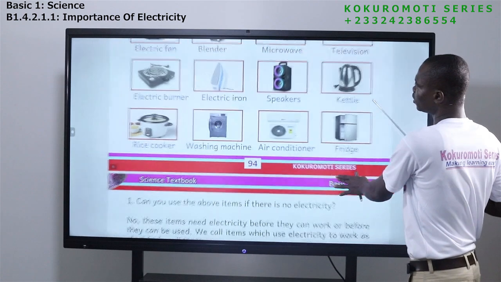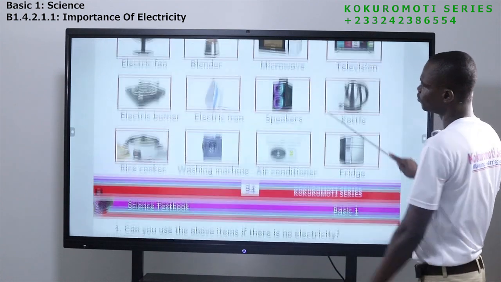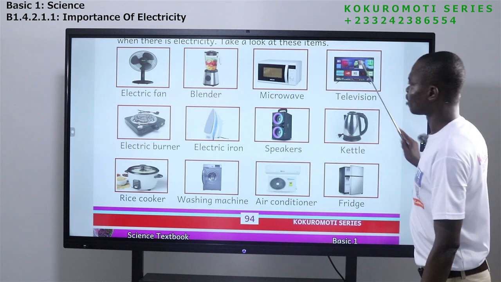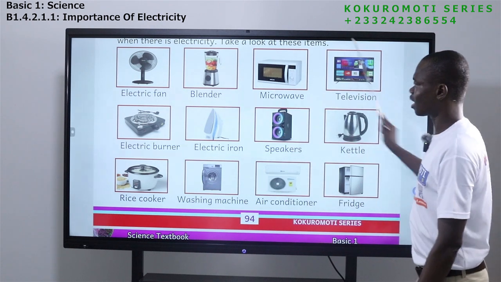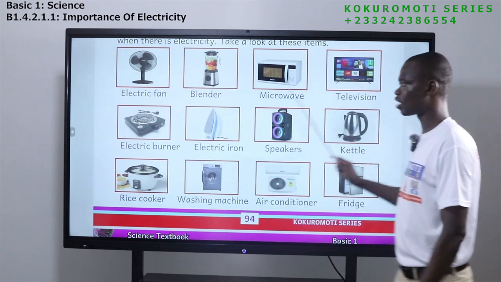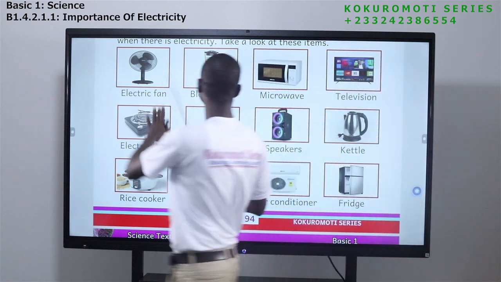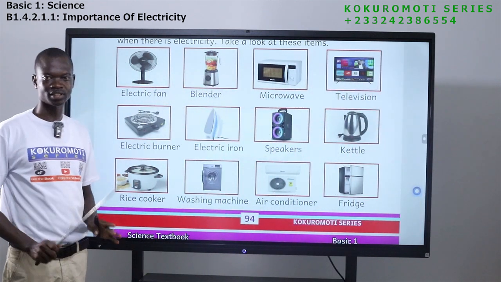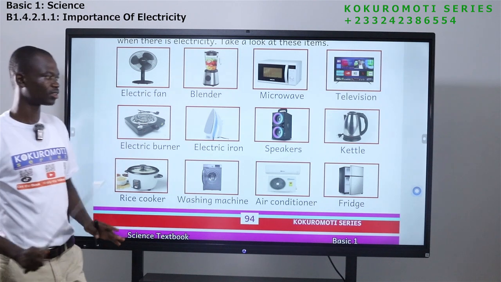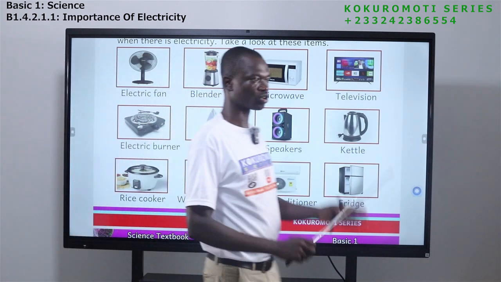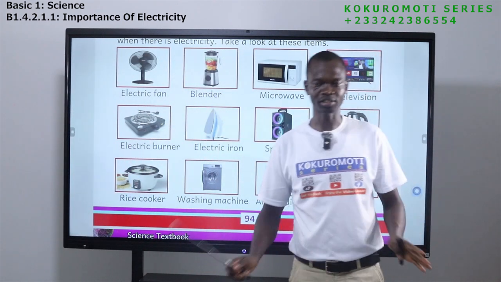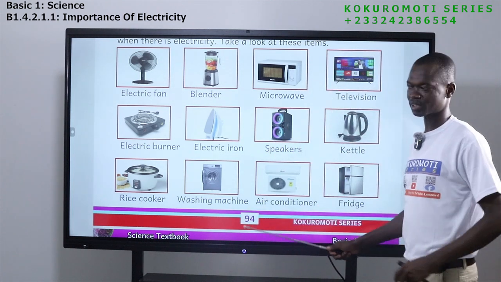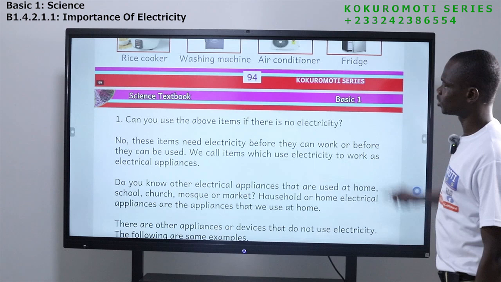So in our various homes, these are some of the electrical appliances or items that we use. We can only use these when there is electricity. But when the light goes out or when there is no electricity, we cannot use these items. Okay, now let's continue.